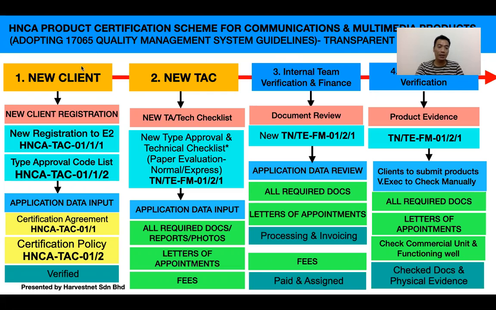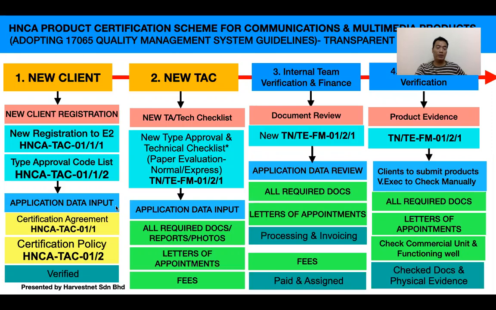Okay, as a new client, this is a summary of the flow. Go register as a new client with us using this form. Okay, if you have an existing type approval code, please help us to make sure that this existing TAC code is listed by filling out this form. All right, and if you're doing a new model, you need to have data input.